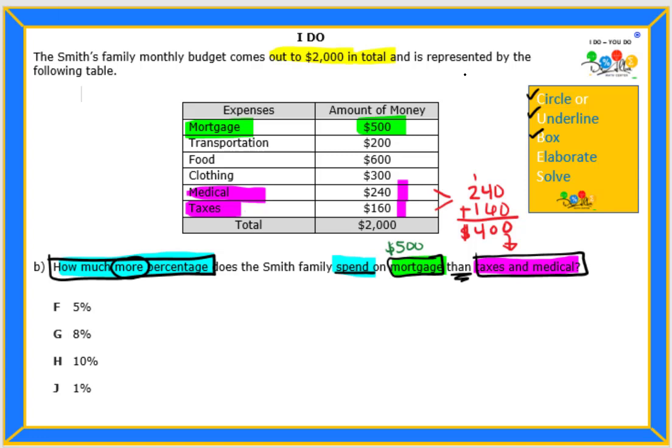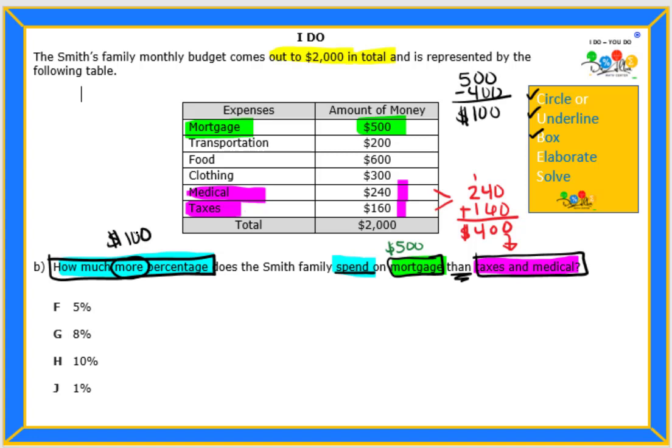So we can do that here. 500 minus 400, there is a difference of $100. So how much more? $100. Now you would say, well, I just answered the question, but we have not answered the question because the question is how much more in percentage. So we know how much more money, but we want to know how much more in percentage.